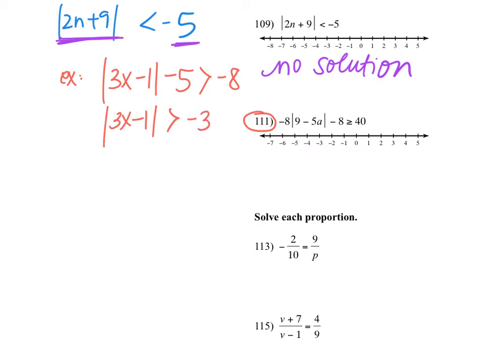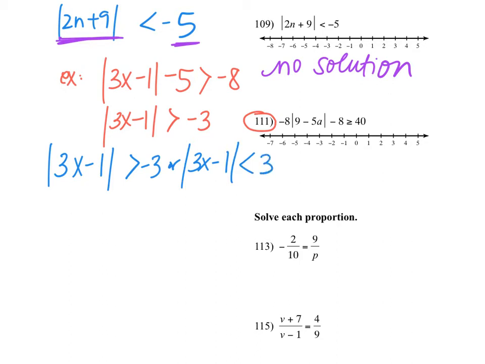And this could, in fact, work, but because there is a negative, it may or may not work. So in this case, I would do both sides.